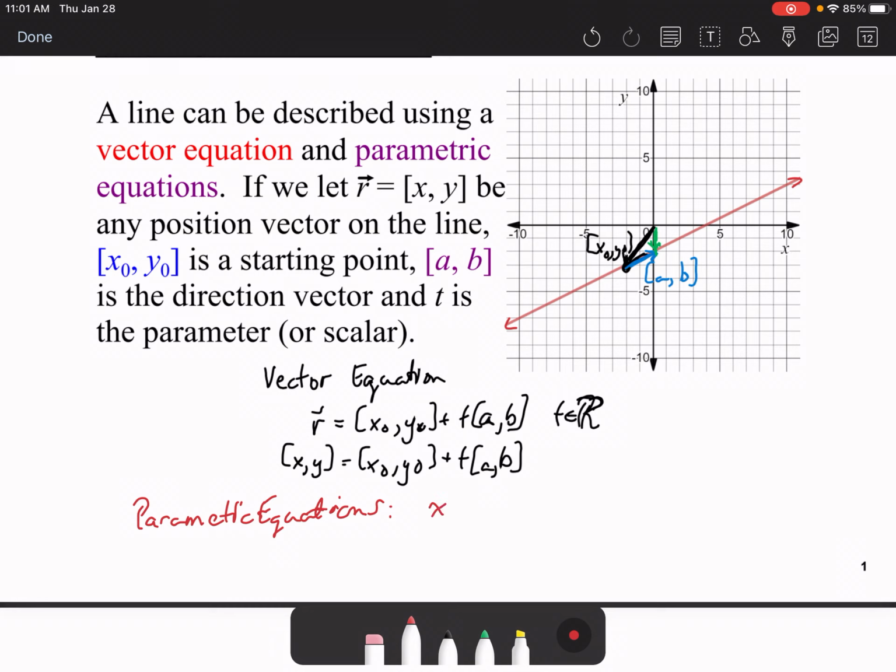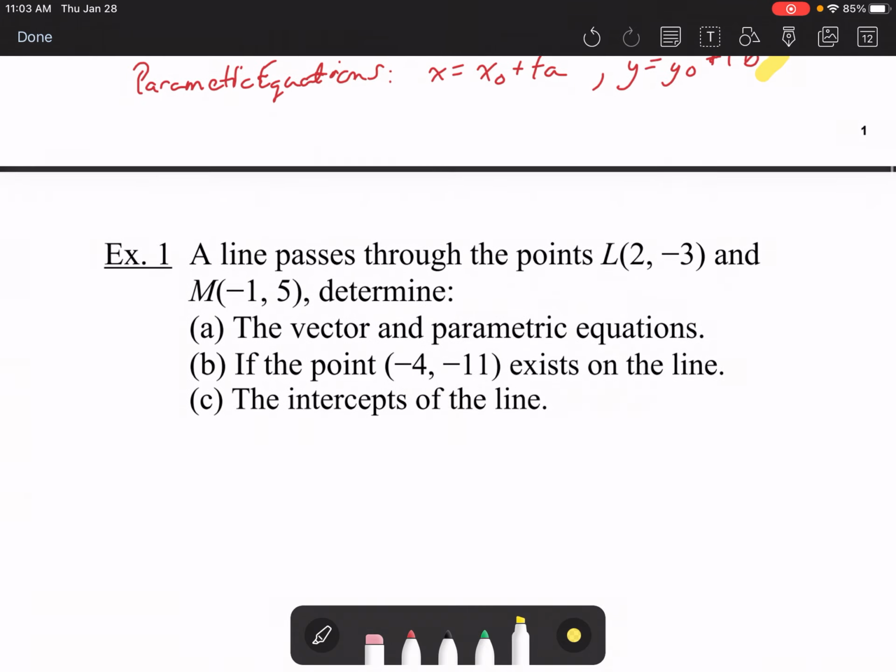So x is equal to x sub 0 plus t times a, and y is equal to y sub 0 plus t times b. This second option, these parametric equations, can sometimes be a lot easier to work with than the vector equations. So let's see how this works out.